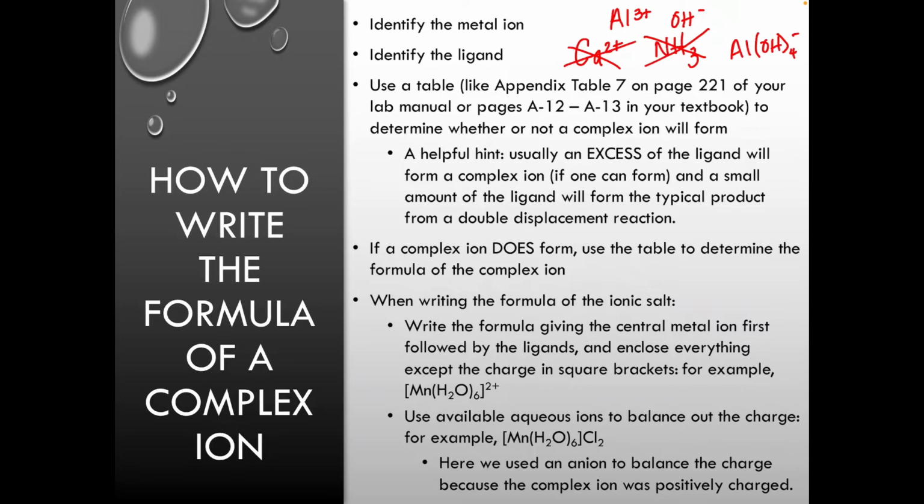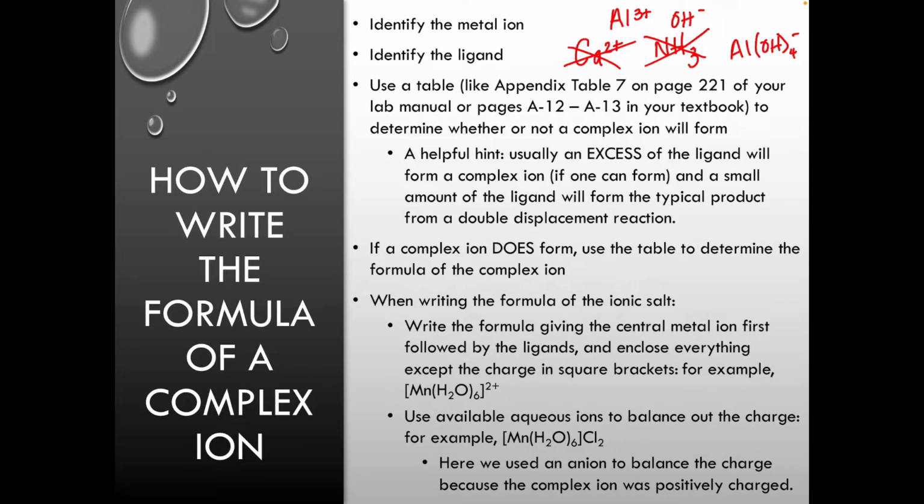Typically, if I'm telling you there's an excess of this particular reagent, that is kind of a hint that it will probably form a complex ion, because typically these complex ions only form in an excess of the reagent. If we just have a small amount of our reagent, then it will typically form that normal double displacement reaction that you can predict, okay? But if you see the word excess, think, I should double check and make sure that there's not a complex ion that's going to form.